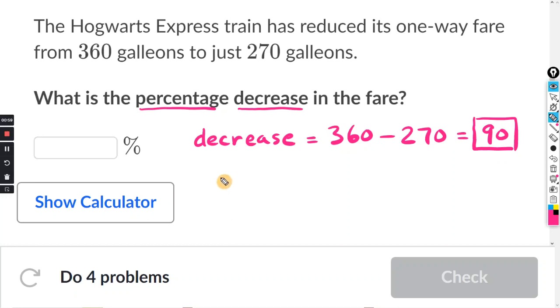All right, and we want to find the percentage decrease. So we're basically asking ourselves, 90 is what percent of the original, which was 360.